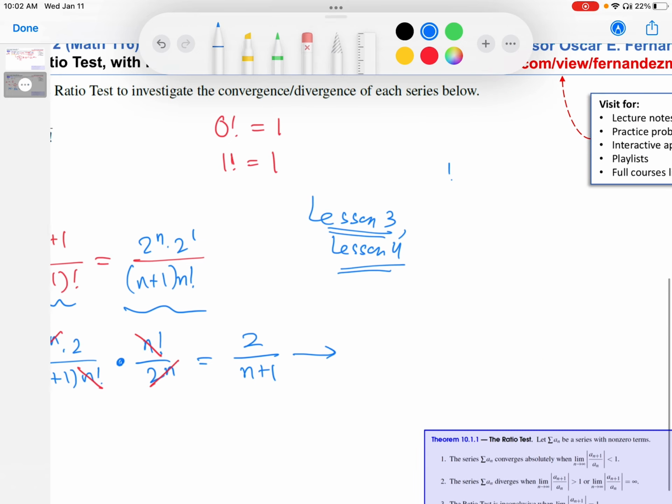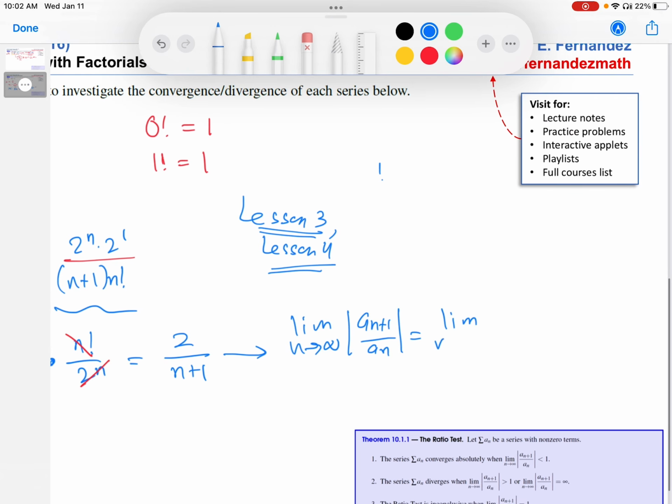Okay, so here we are. We have the ratio of successive terms in absolute value. And now the ratio test says take the limit as n goes to infinity of that quantity. This one is a much more straightforward limit than what we've been doing in the previous few lessons, because if you graph this function, basically it just goes to 0. Let's see, at n equals 0, it's 2, and then it just decays, right?